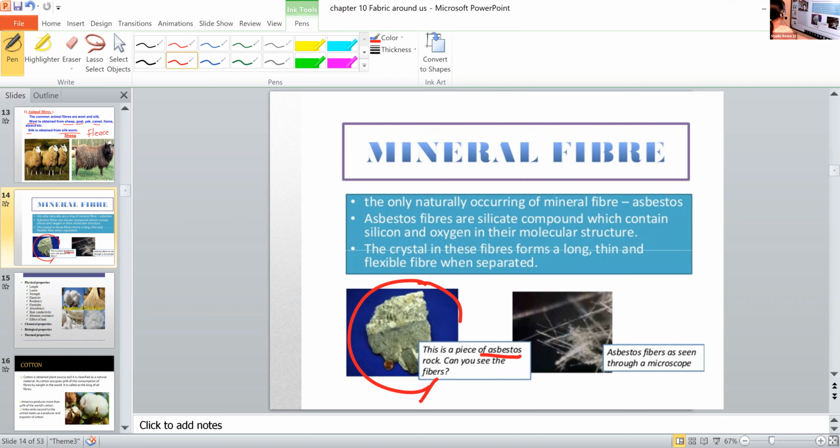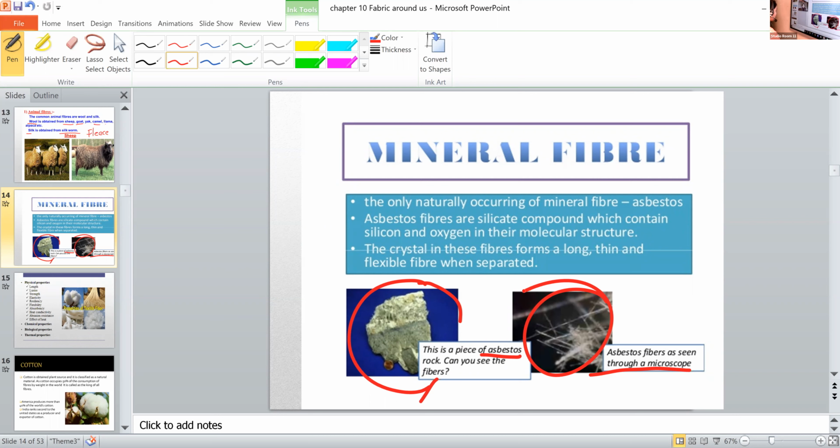You can see the fibers here? No, it's a rock, right? In rock, how can you find the fibers? Through a microscope, we can see the fibers like this. So asbestos is the one and only natural mineral fiber that we have.